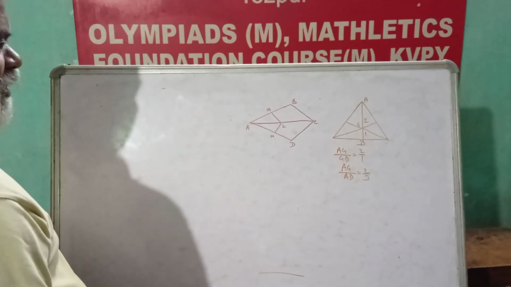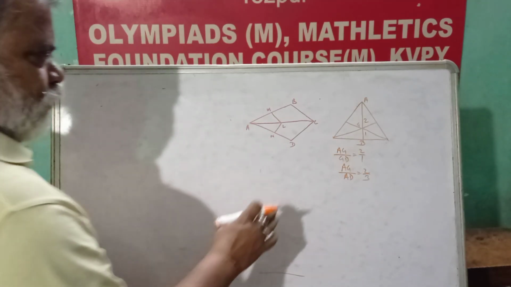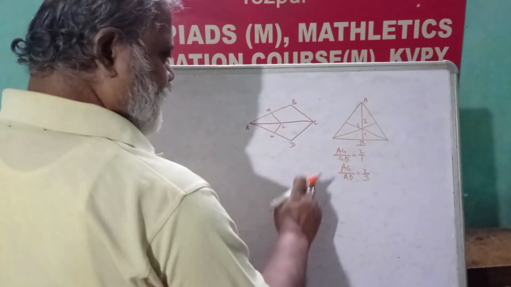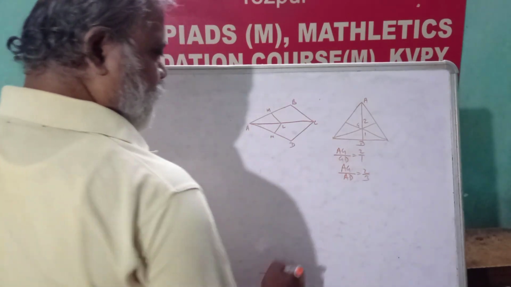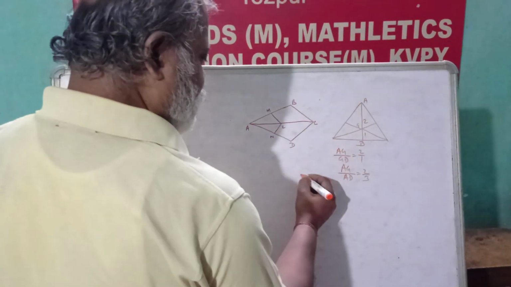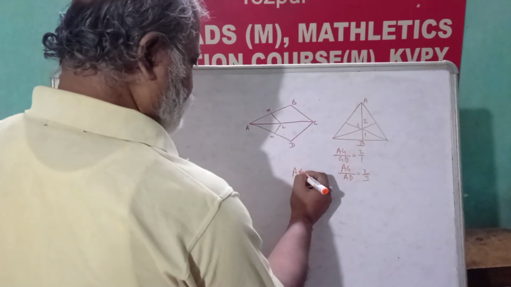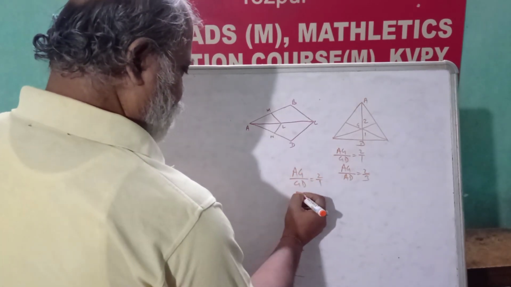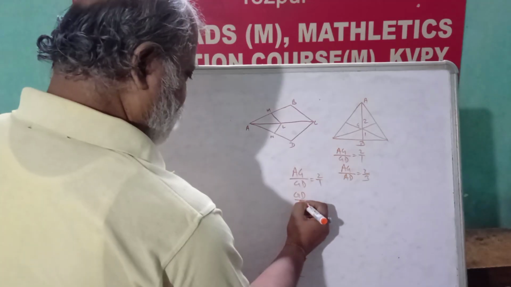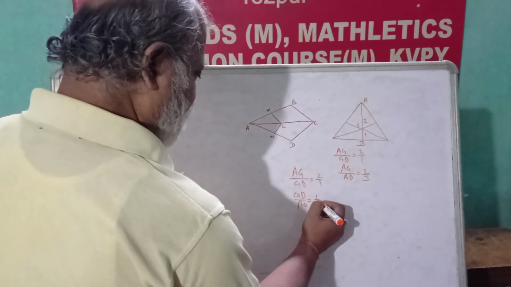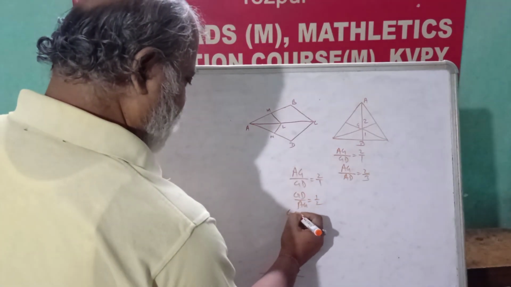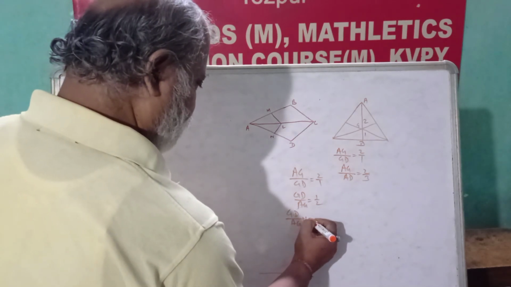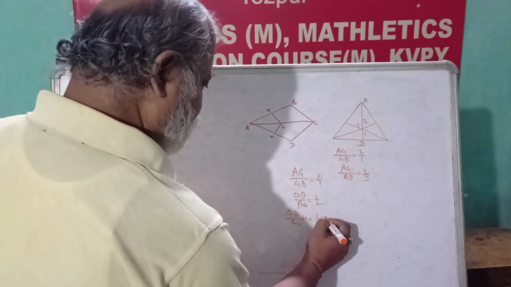Here, if this ratio is given, to write this we need not do this work because it is known. GD by AG is equal to 1 by 2, adding 1 both sides. GD by AG plus 1 is equal to 1 by 2 plus 1.